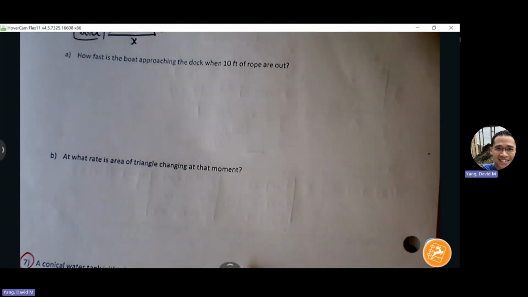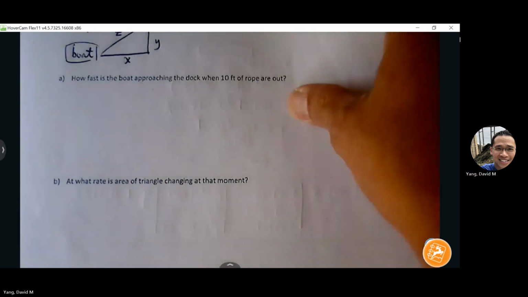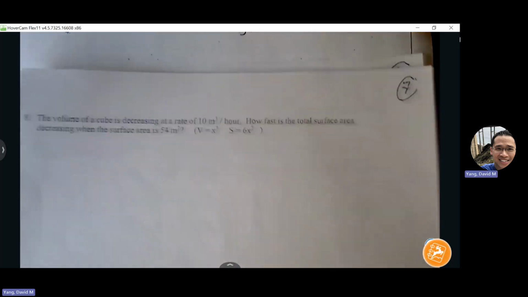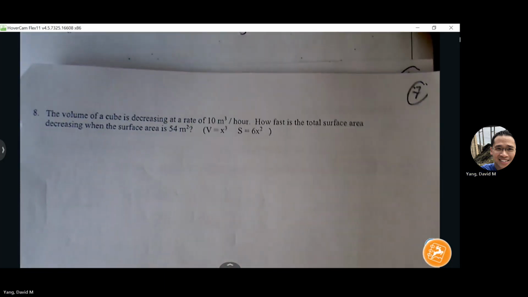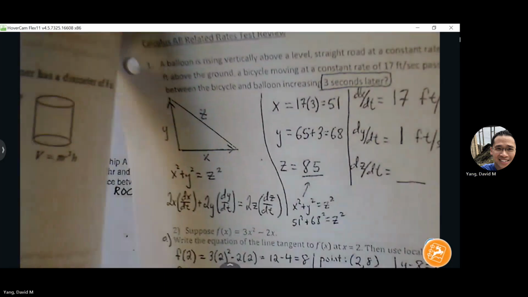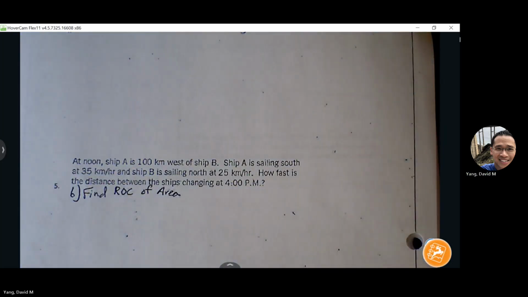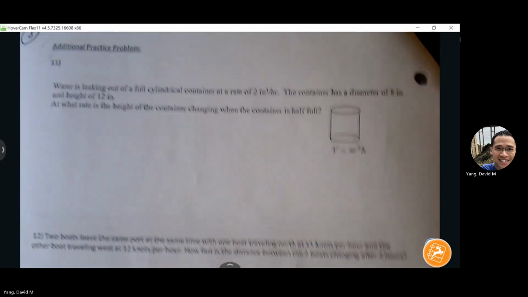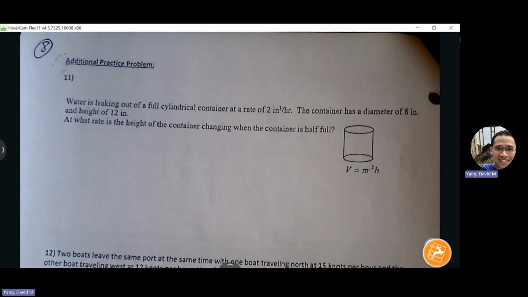Okay, let's do one last one here. Page 8, number 11. Cylinder problem here. So watch out for cylinder problems.